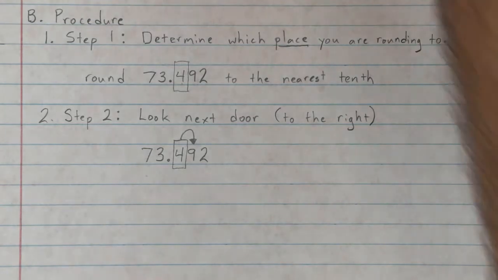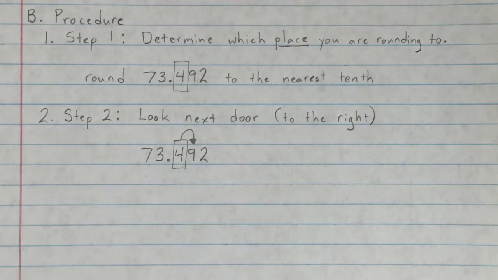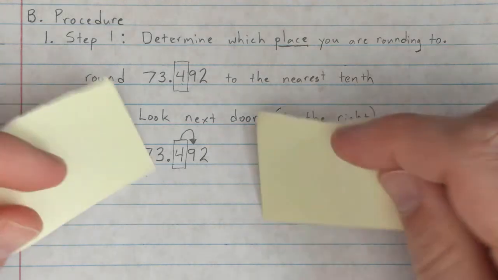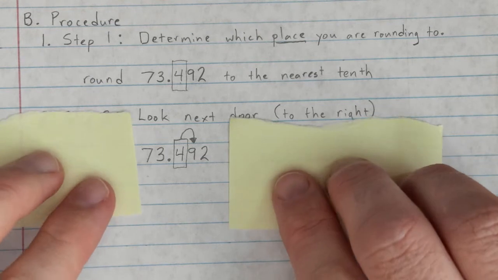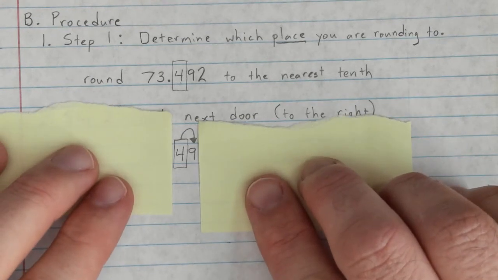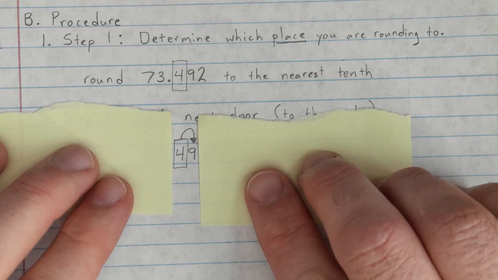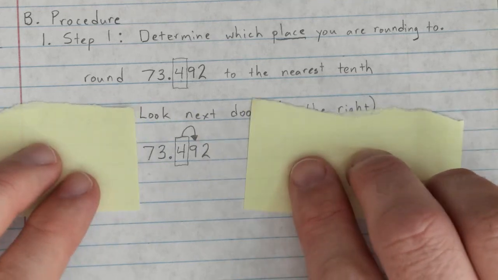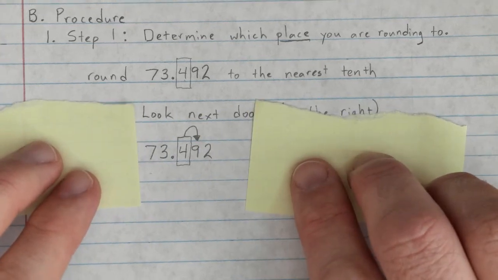This neighbor is going to help us out. Now, I'm going to use some sticky notes here. Actually, I'll just use one and I'll tear it in half. Why waste paper, right? I'm going to cover up everything except those two numbers. So now I've got 4 and 9. Now we know it's not really 49, it's 4 tenths, 9 hundredths, so on and so forth.